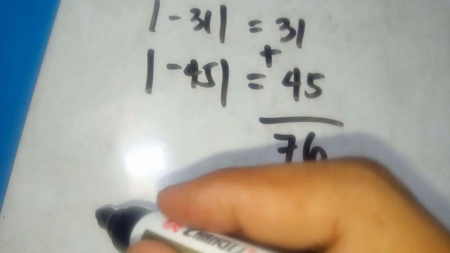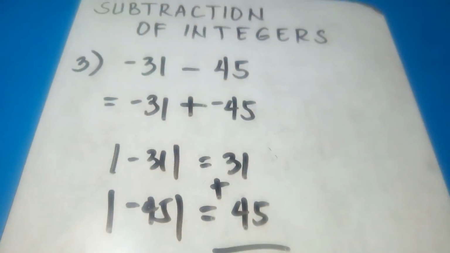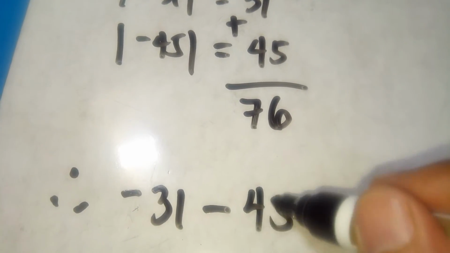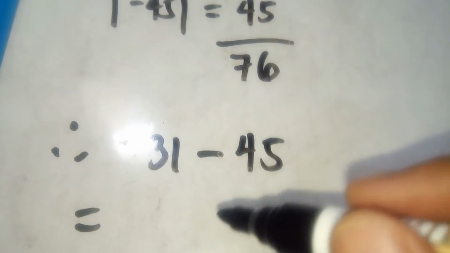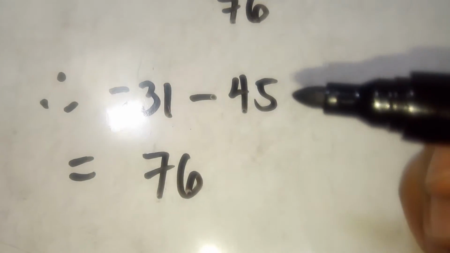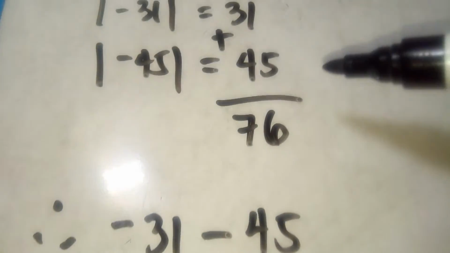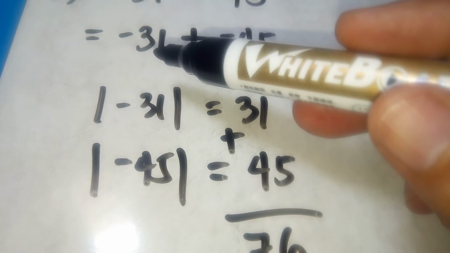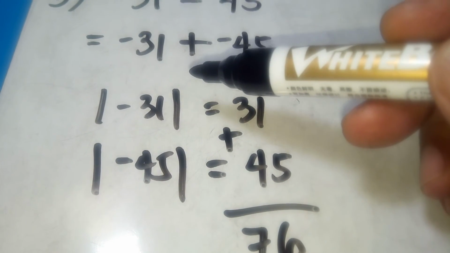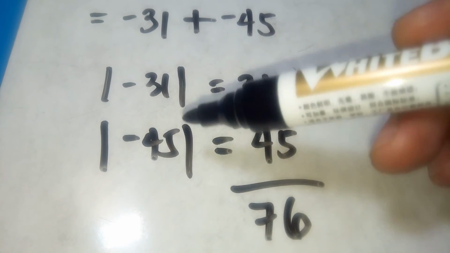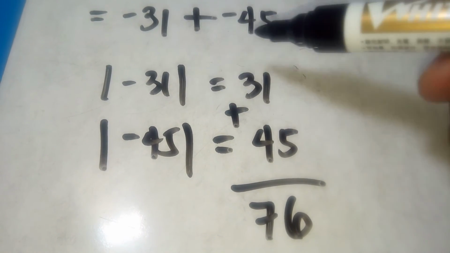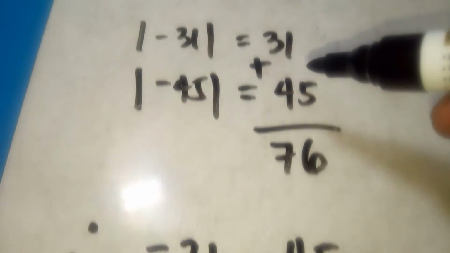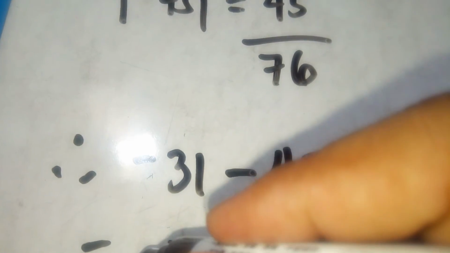Therefore negative 31 minus 45 equals 76. What is the sign this time of 76? Since we changed that subtraction to addition, the rule for addition will be followed. Since they already have the same signs, we just have to affix the common sign, and that's negative.